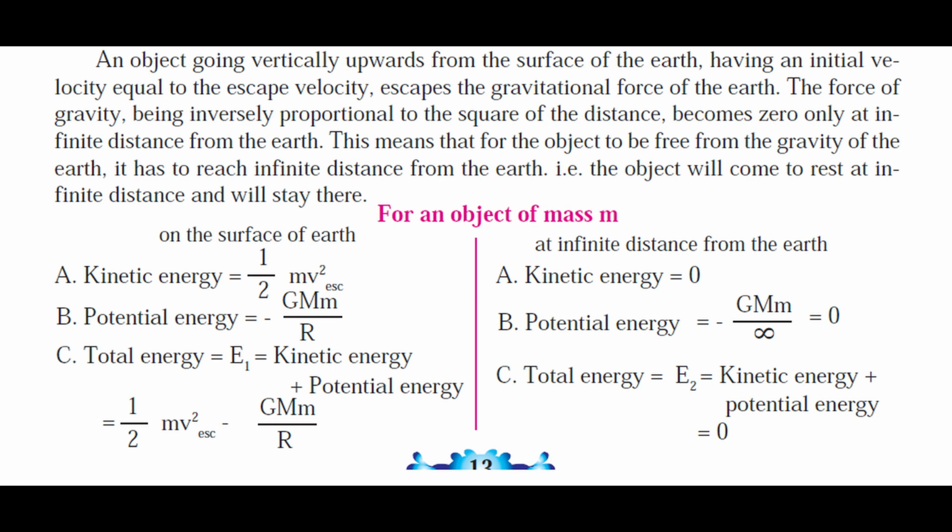Potential energy, if you look at the equation, is capital G capital M times small m divided by R. R is the distance, and because R is infinite, anything divided by infinity is almost equal to zero. So potential energy is zero. So total energy at infinite distance from Earth is equal to 0 plus 0, which is 0.